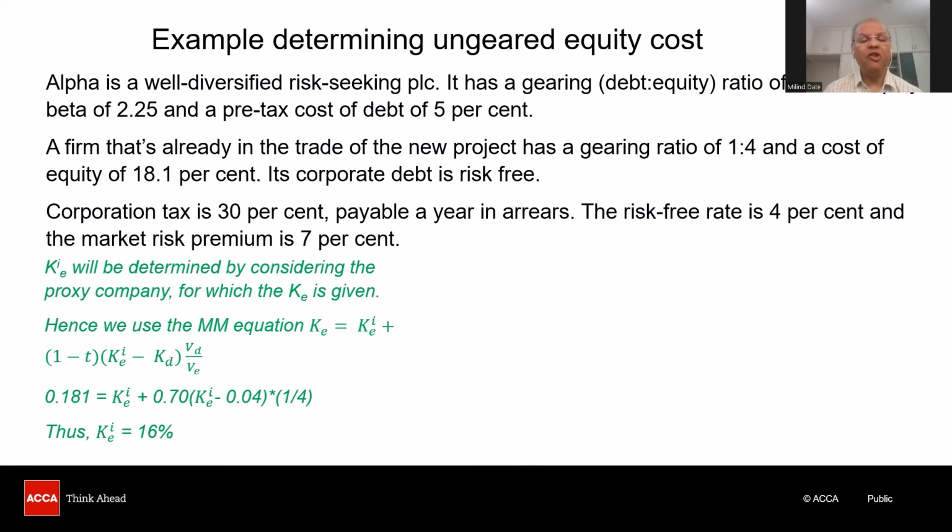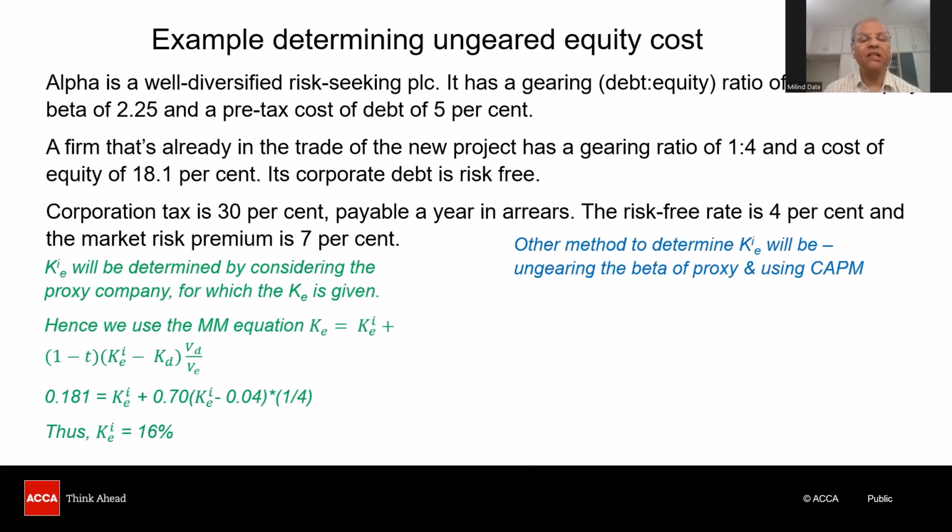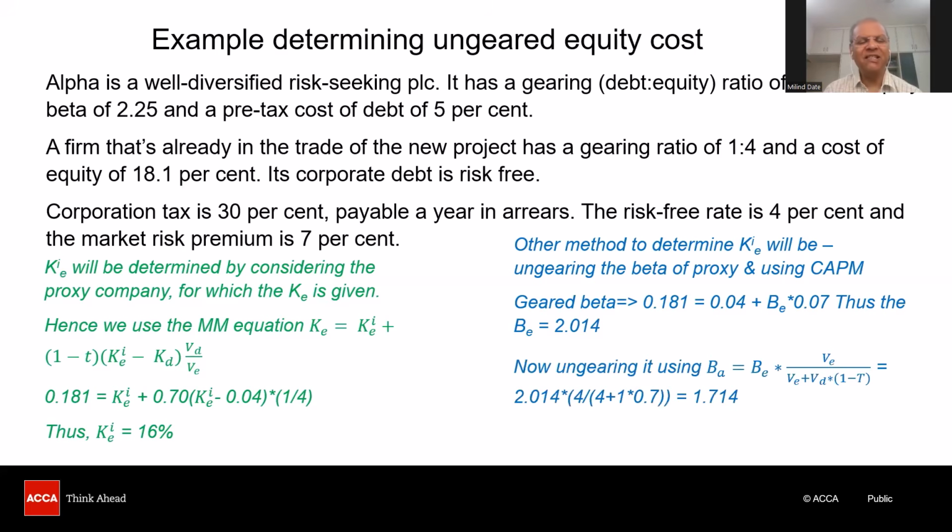Another way in which you can calculate is by the process of ungearing the beta of the proxy and using it in the CAPM formula. Your answer should not be different. But there is one catch in this, which I'll definitely tell you. When you make use of this formula, the ungeared beta should be directly used in CAPM. Don't re-gear it.